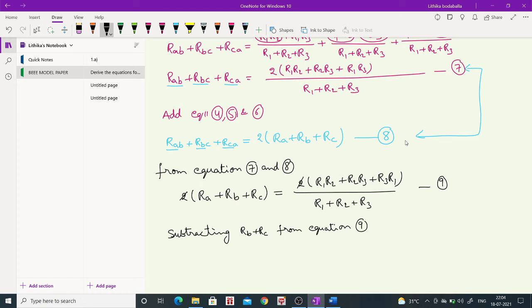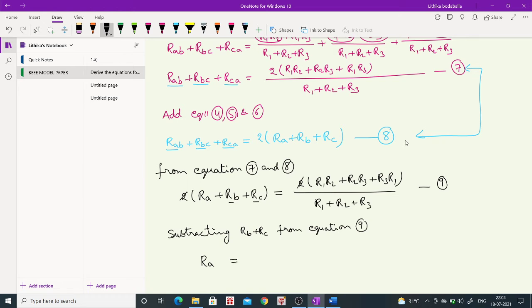So if you subtract RB plus RC from this, what you are left with here is RA. I am subtracting RB plus RC, so I am left with RA only on the left hand side.